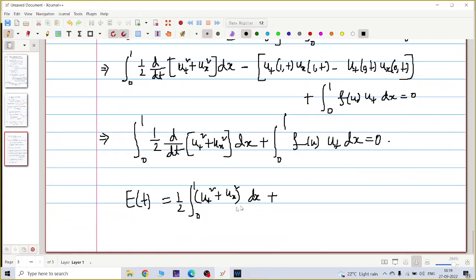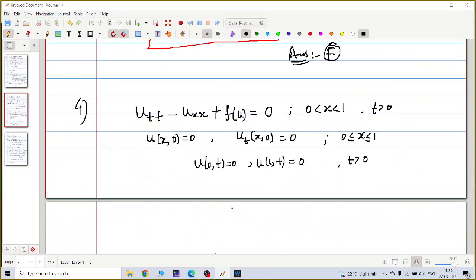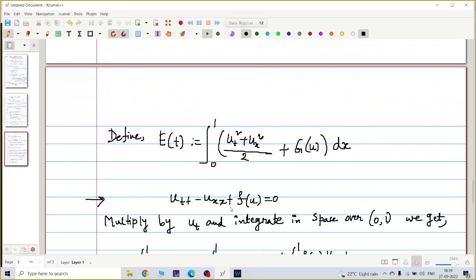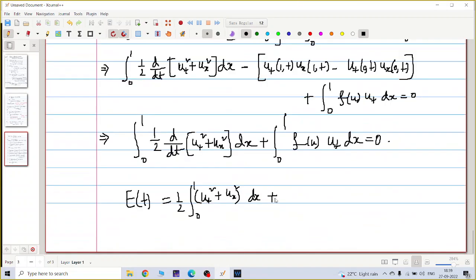Since I take half here, so I will write integral g. Now what is E dash t? The first part of E dash t is the same as this first half of this integral.